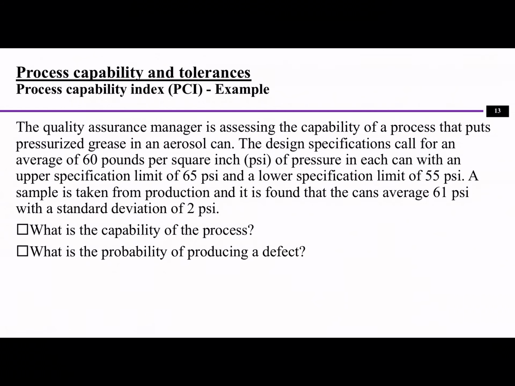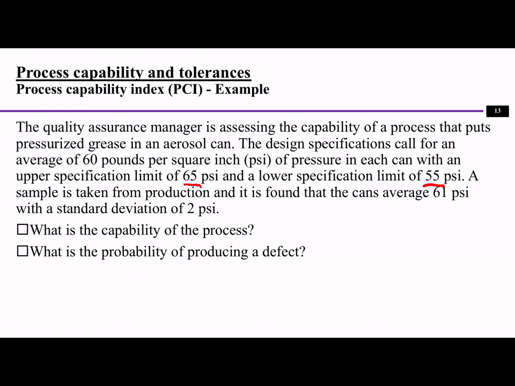All right, now let's look at one example. The example says the quality assurance manager is assessing the capability of a process that puts pressurized grease in a can. The design specification average is 60 psi, the upper control limit is 65, and the lower control limit is 55.